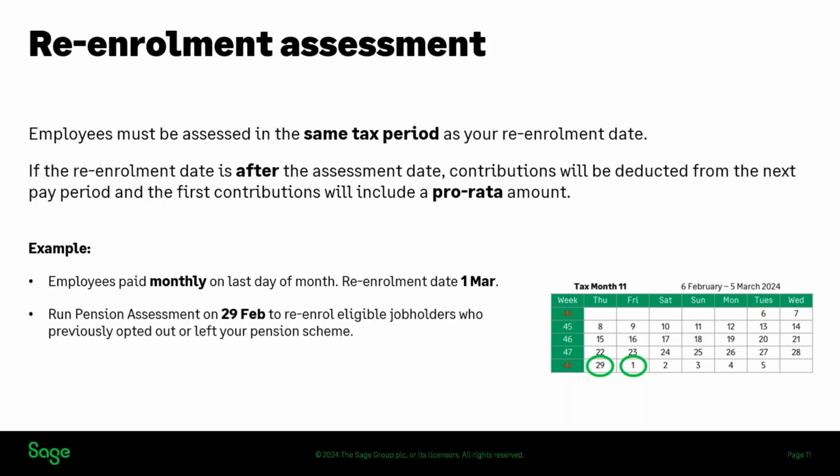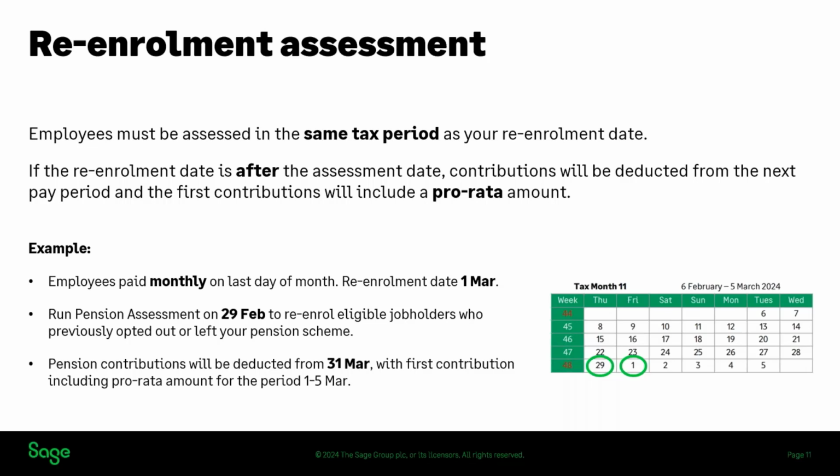And because my pay date in tax month 11 is the last day of February, the 29th of February this year, I'll be running a pension assessment for that pay date, which will re-enroll my eligible job holders who previously opted out or left. However, because that is before the re-enrolment date, the contributions will only be deducted from the following month. So 31st of March would be my next pay date, with that first contribution including a pro rata amount representing the period 1st to the 5th of March.